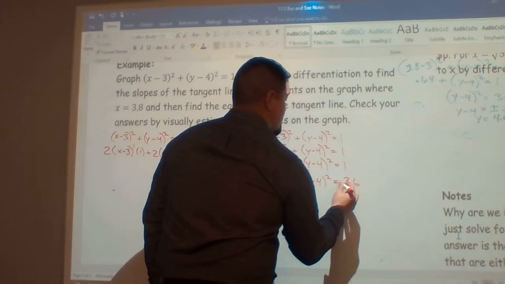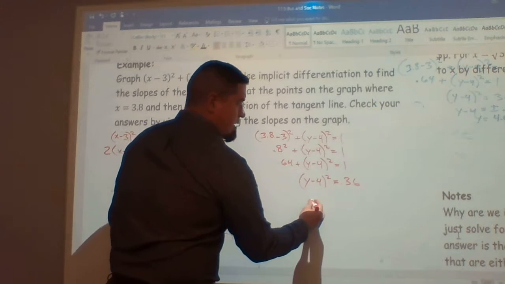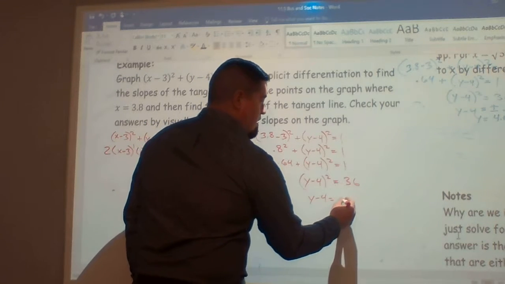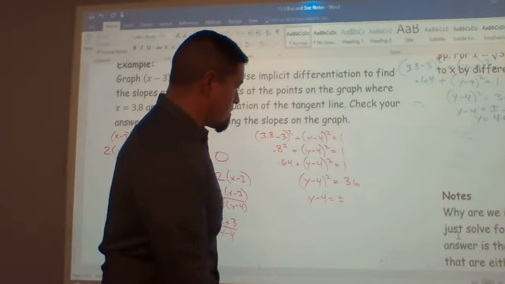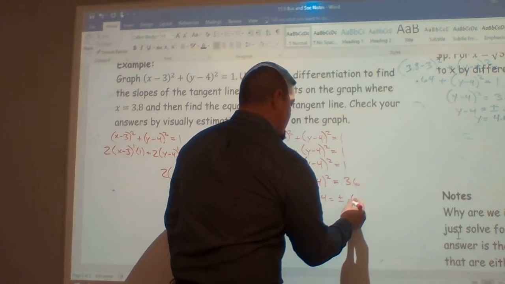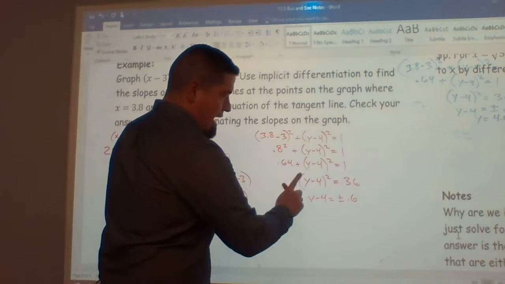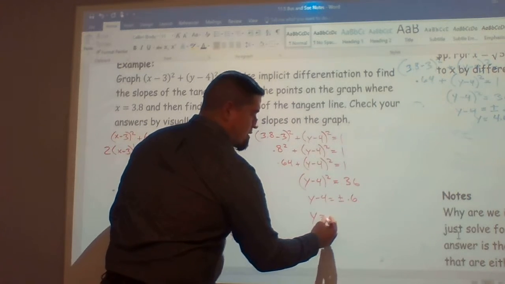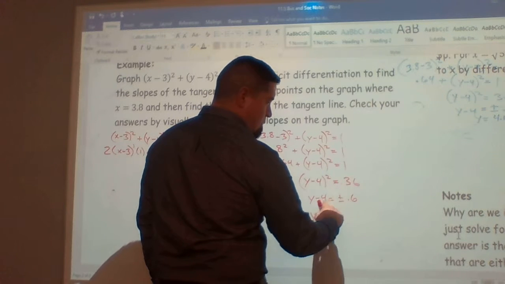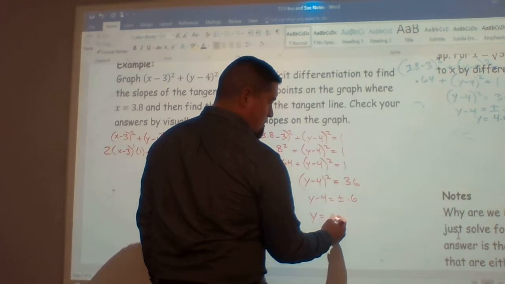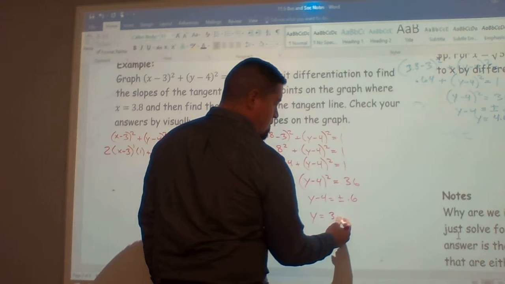You would end up getting 0.36. Square root of both sides equals plus or minus. Anytime you take the square root, you always get plus or minus, so plus or minus 0.6. Add 4. You'll have two solutions, 4 plus 0.6 and 4 minus 0.6. So 4 minus 0.6 is 3.4.